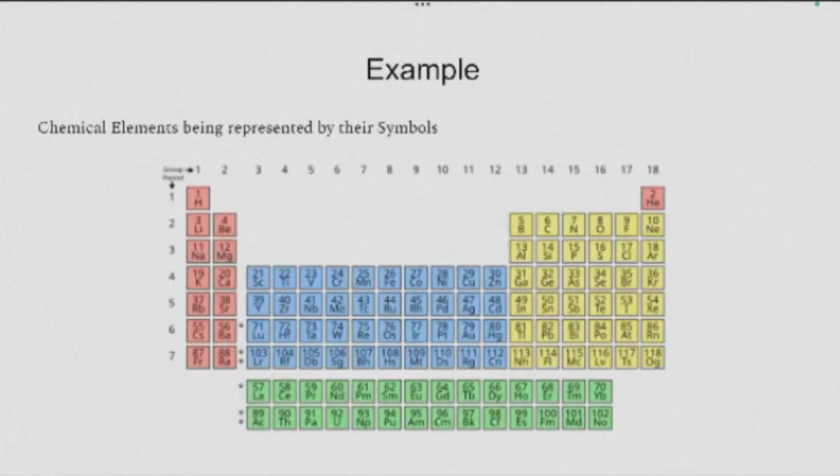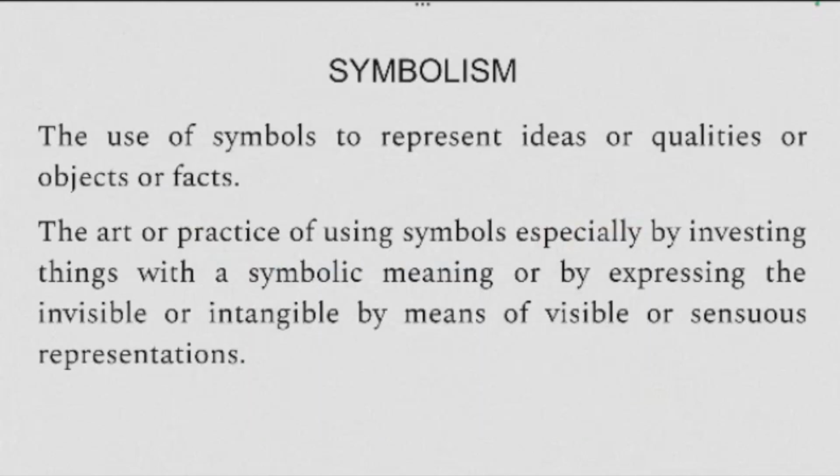Similarly, chemical elements being represented by their symbols in the periodic table is yet another example of the way we are using symbols. Having considered what is the meaning of a symbol and a few examples of the same, let us briefly consider what is the meaning of symbolism.